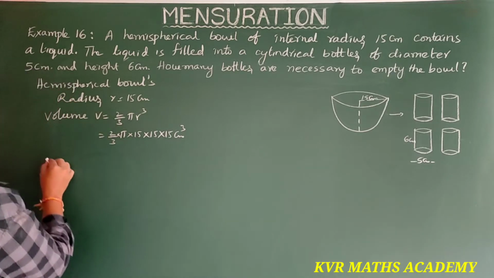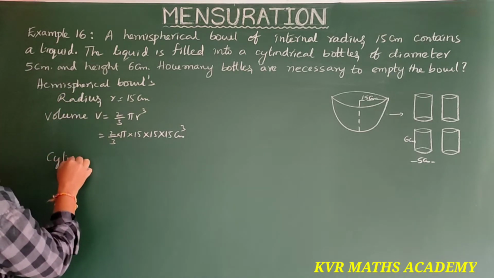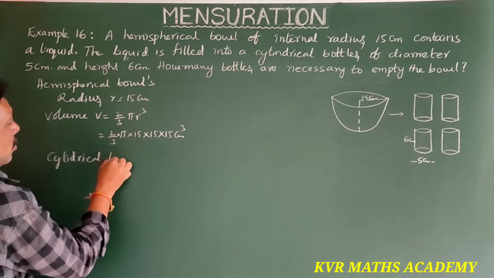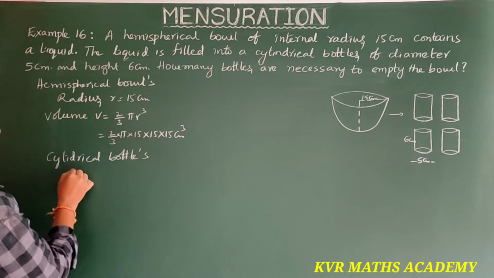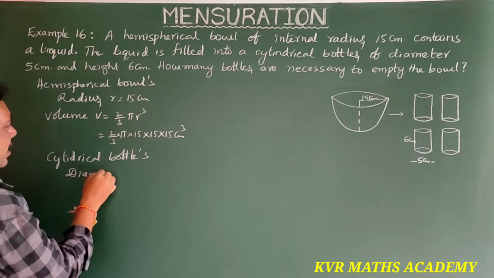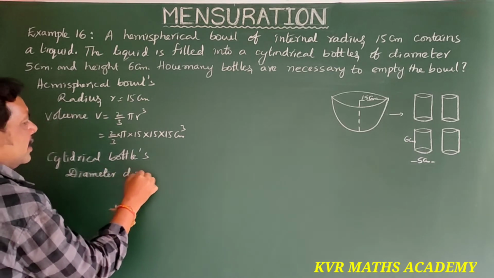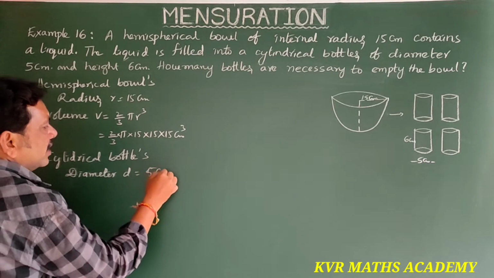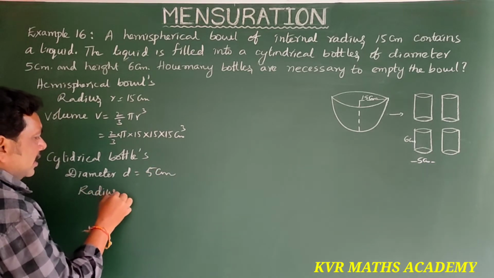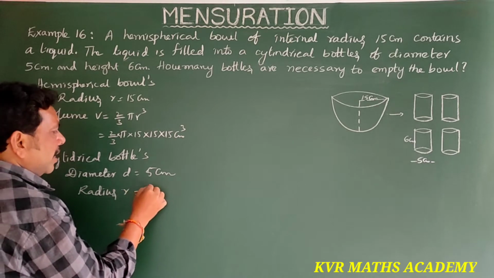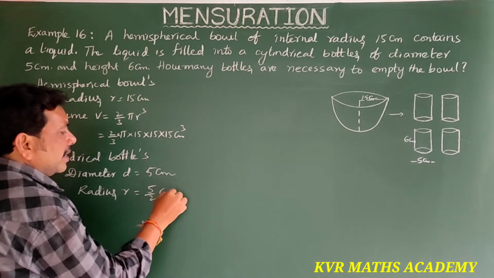Next, cylindrical bottles. Diameter is given, D is equal to 5 centimeters. Then its radius R is equal to D by 2, that is 5 by 2 centimeters.